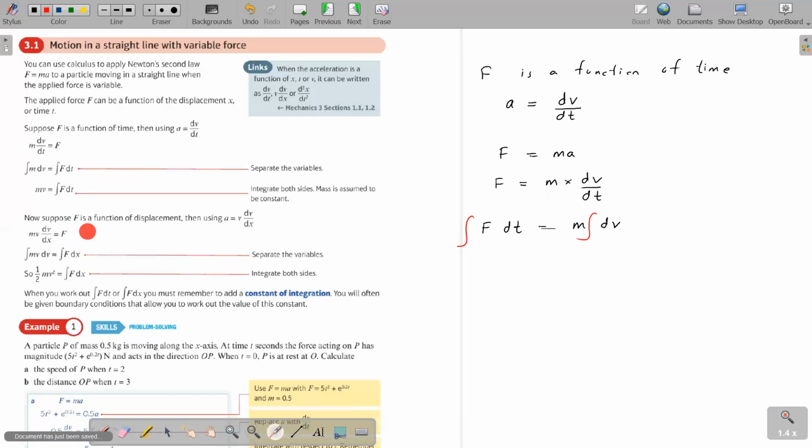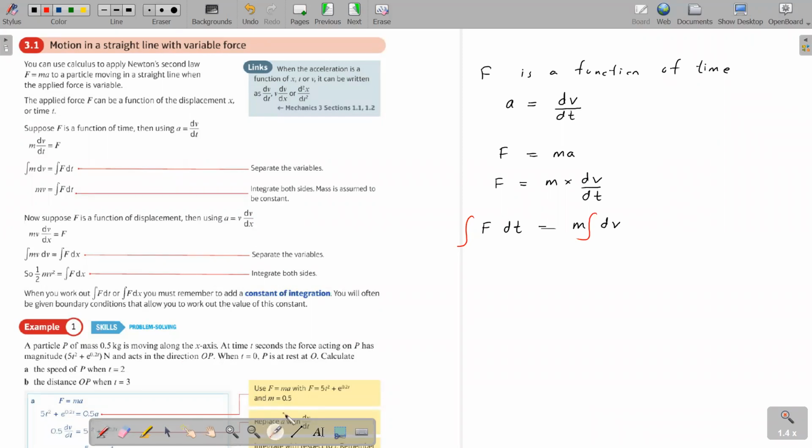Also, suppose what if your force is a function of displacement? So look at this. If force is a function of displacement, then for acceleration, what do we use? Do you recall? If force is a function of displacement, then acceleration is a function of displacement. We use v dv by dx. If acceleration is a function of displacement, you must use acceleration equal to v dv by dx. Agreed?